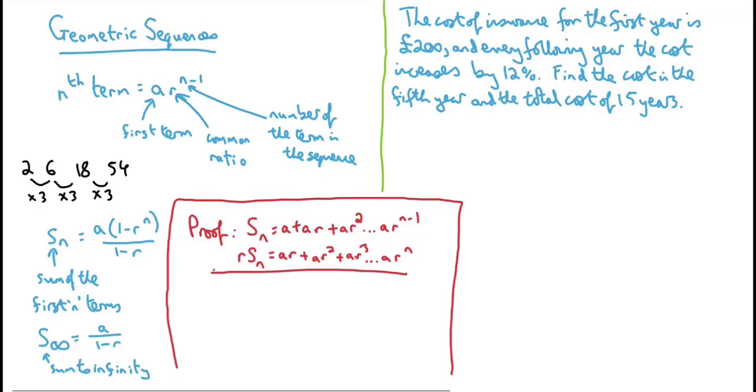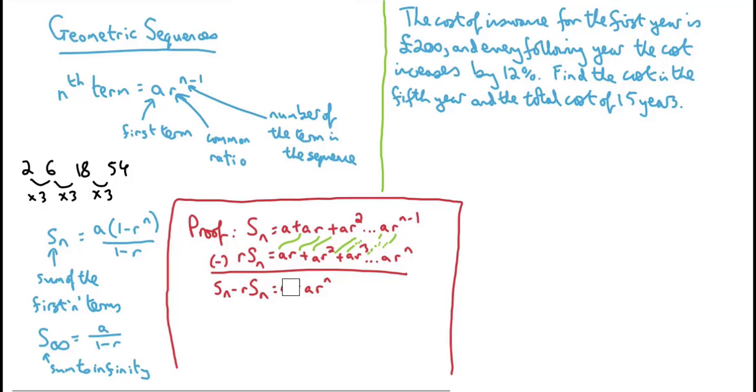Now, if we were to then subtract these equations from each other, you have Sn minus rSn is the same as, so we'll start with a, but then ar is going to cancel with ar, ar squared is going to cancel with ar squared, and so forth with your ar cubed, and so forth with your ar to the n minus 1, leaving you with the only other term that doesn't cancel with something being this ar to the power of n.